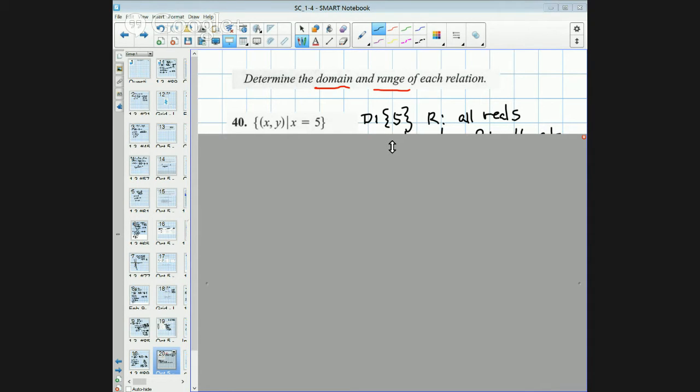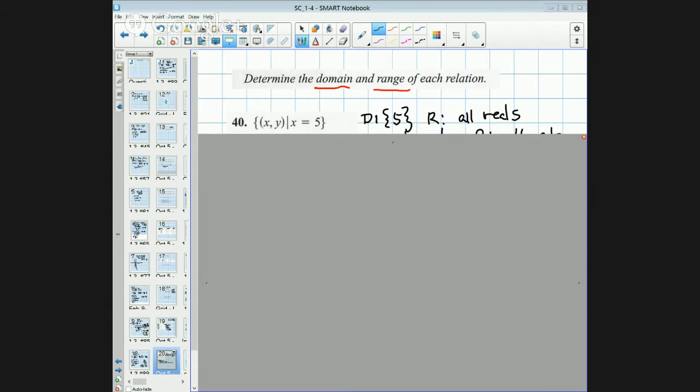I know this looks kind of strange, but it says all ordered pairs x and y such that x is 5. Notice it doesn't tell us a thing about y. It just says x is always 5. So the domain is just 5. That's it. Domain always refers to the possible values for x. That, by definition here, is only 5.